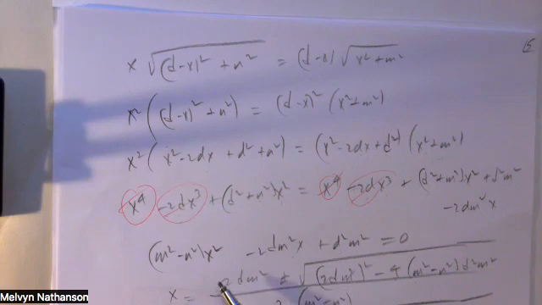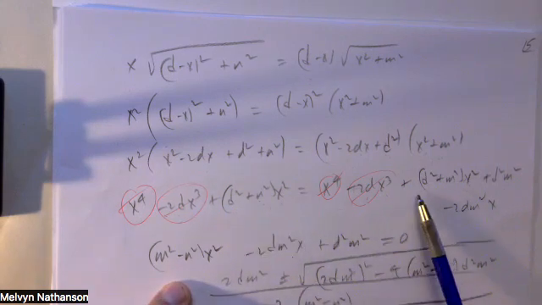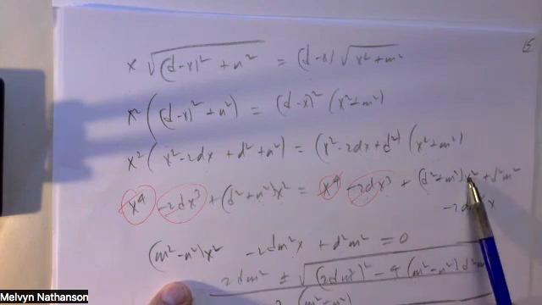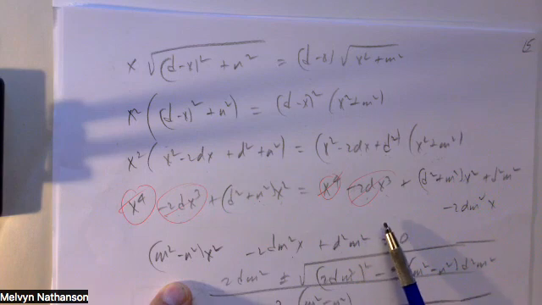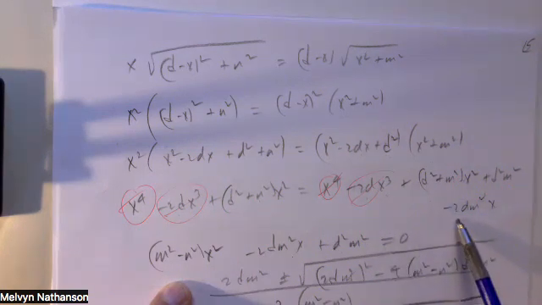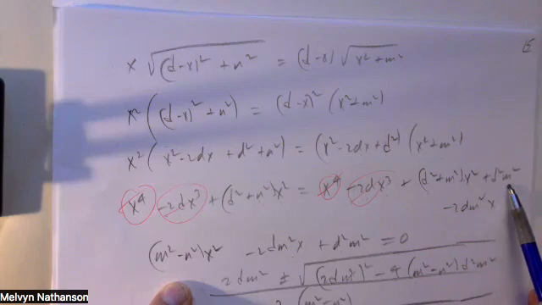These cancel. So I have, and d squared x squared cancels d squared x squared. So I have m squared minus n squared x squared minus 2d m squared x plus d squared m squared.